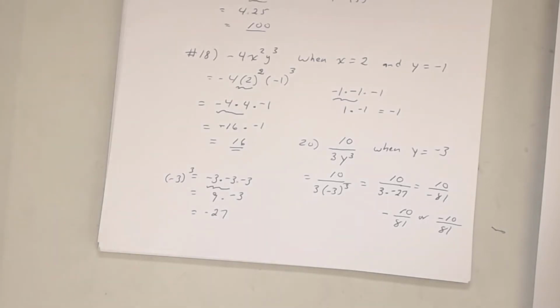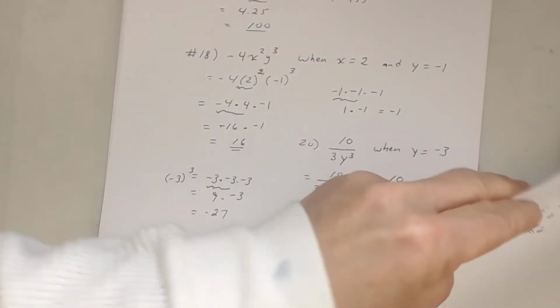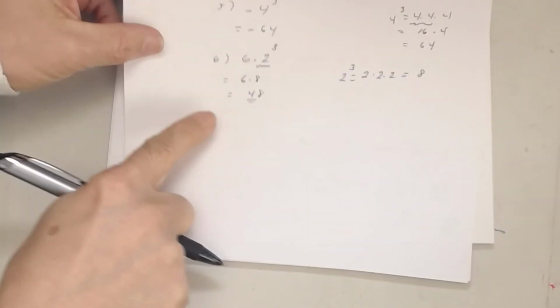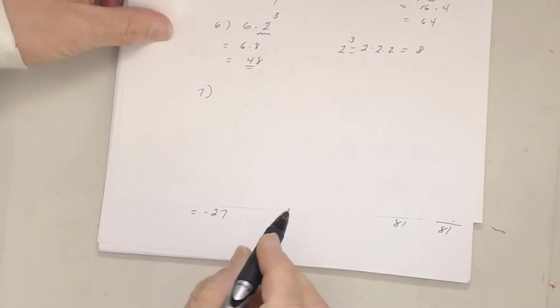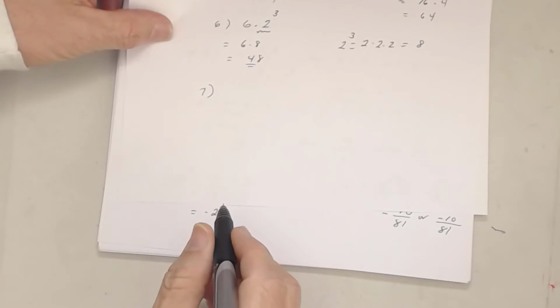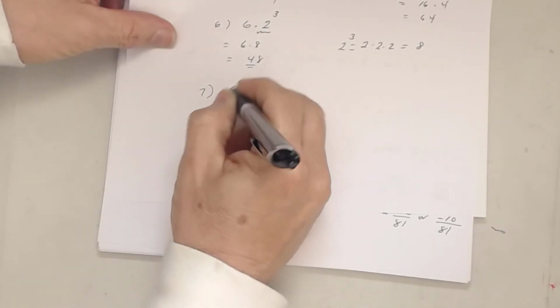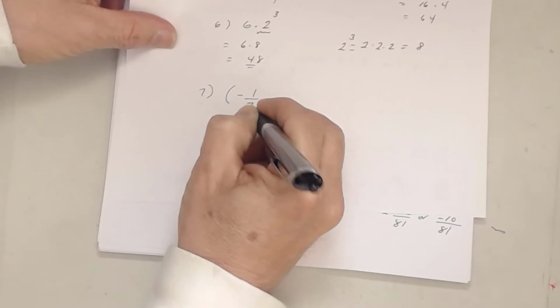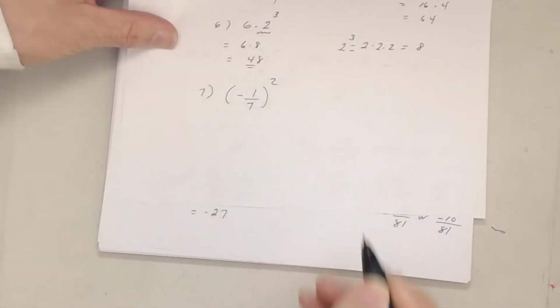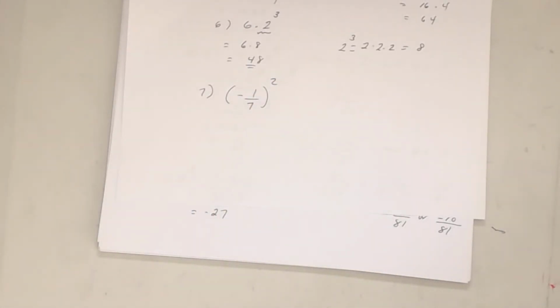Now, before we go to the next part, let me go back to that first page, and let's do number 7 on that first page. And so here's what I want to look at. You have, in parentheses, -1/7 squared.